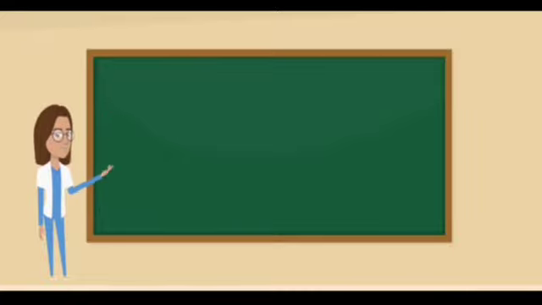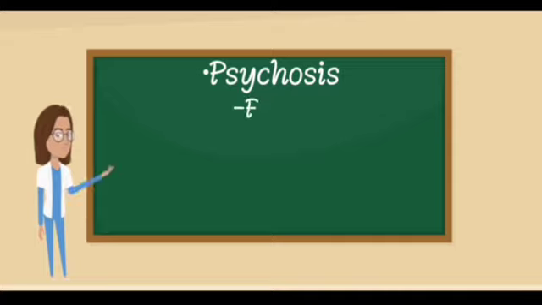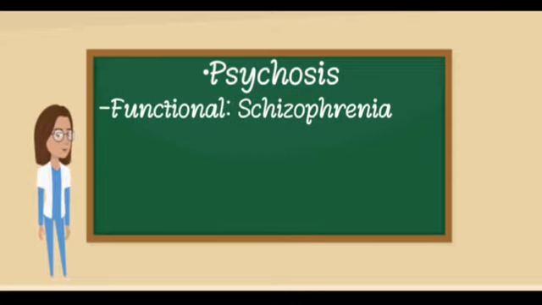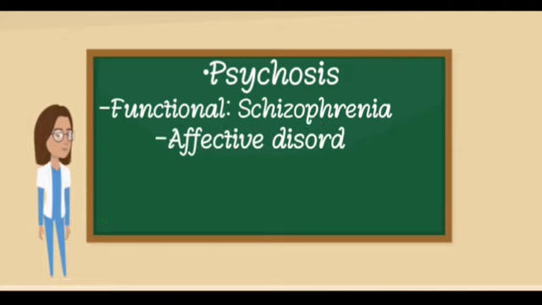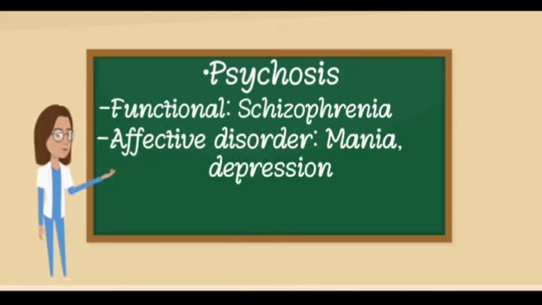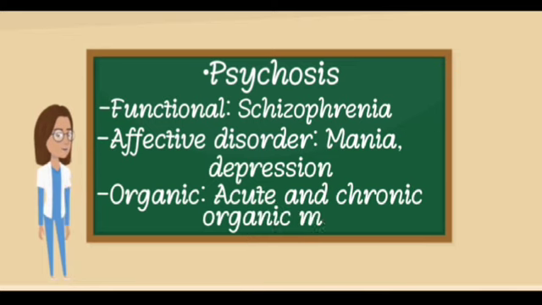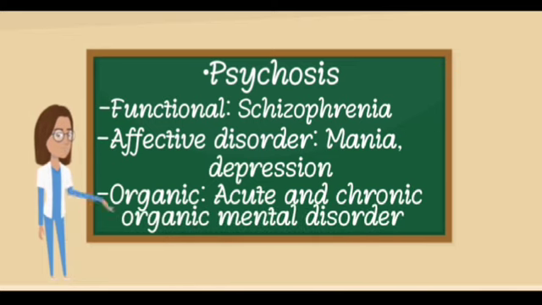Now we will see what comes under psychosis. There are the functional disorders. It constitutes schizophrenia. Then there are affective disorders. It constitutes mania and depression. Then there are organic disorders. It constitutes acute organic mental disorders and chronic organic mental disorders.